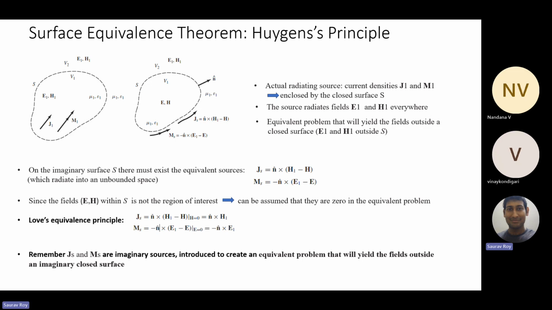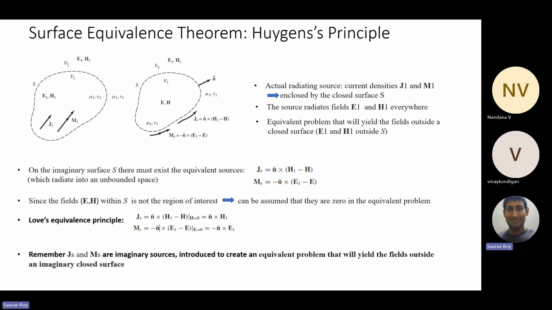So boundary value theorems ensure that this crossing between the mediums is the same. As long as we ensure that outside is E1 and H1, that is what we are ensuring in the boundary. We are saying JS is the same because it is the difference between H1 and H.